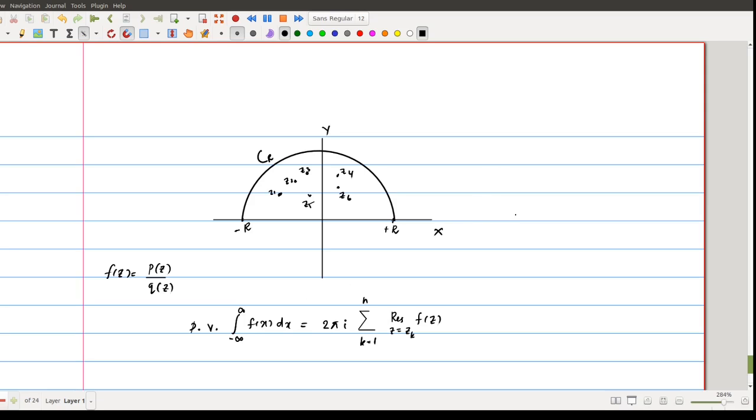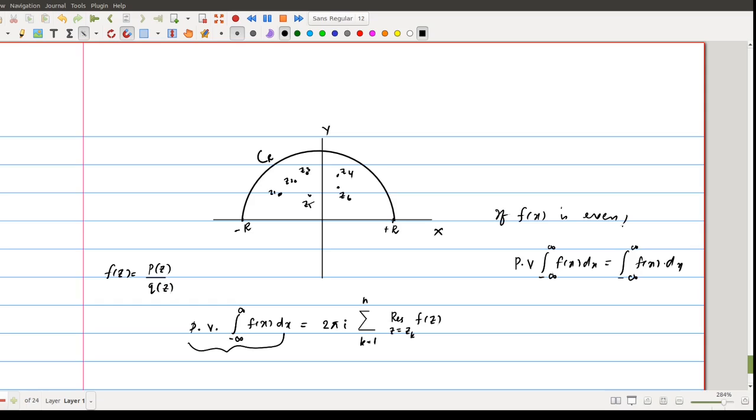Once f of x is an even function, the principal value of the integral from minus infinity to infinity of f of x dx will coincide with the integral from minus infinity to infinity of f of x dx. So we can make use of this equation to evaluate the integral as well.